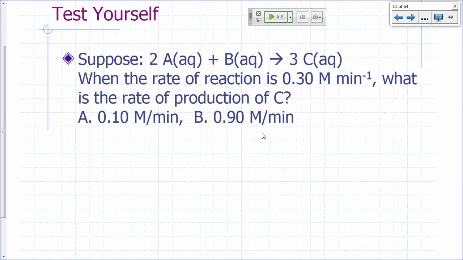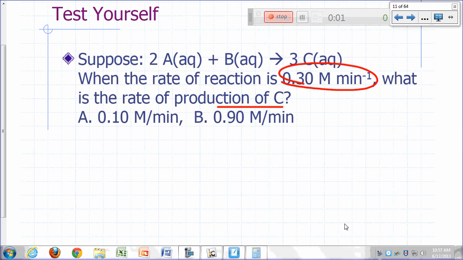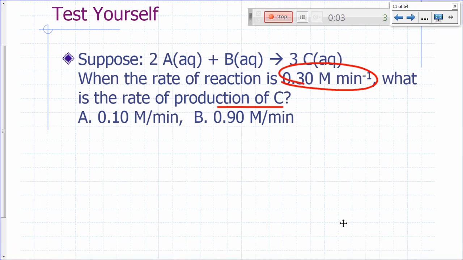Okay. Here's another clicker question. Let's say you have a reaction, 2A plus B gives you 3C. The rate of reaction is 0.3 moles per liter per minute. What's the rate of production of C? Is it 0.1 or 0.9?